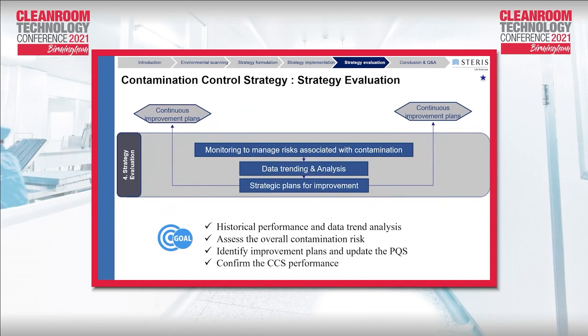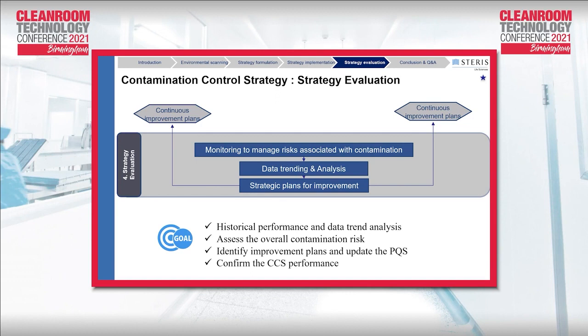So really the goal of a strategy evaluation is to be able to assess, based on historical performance and data trend analysis, how well the overall contamination risk is, and identify improvement plans to update the PQS and to ensure improvement of your CCS.